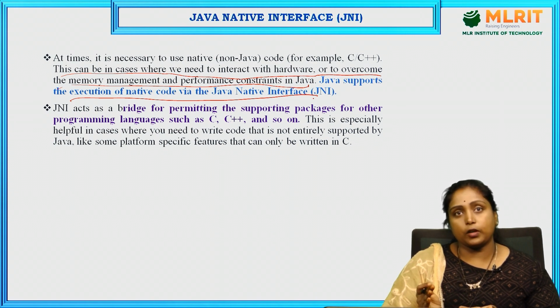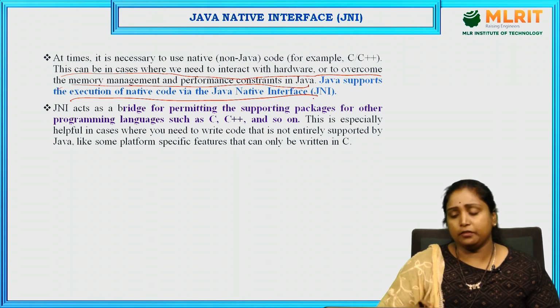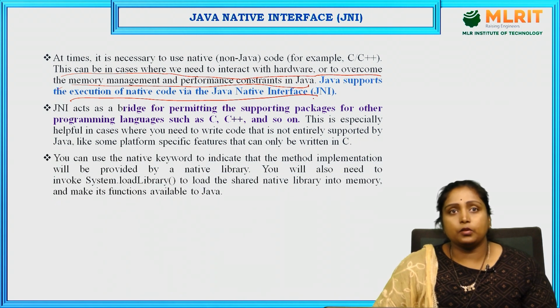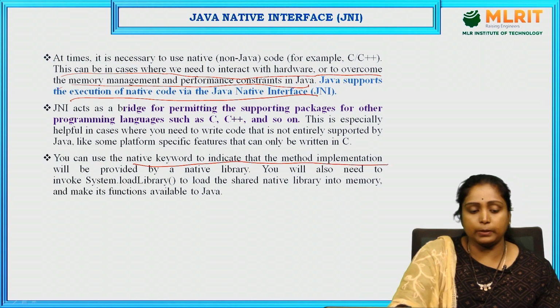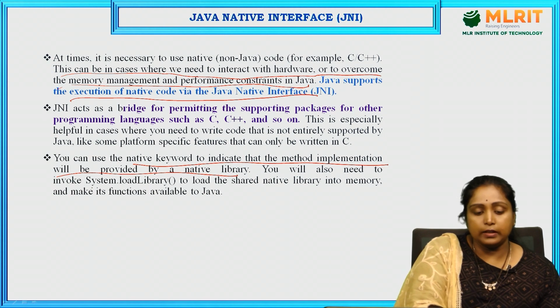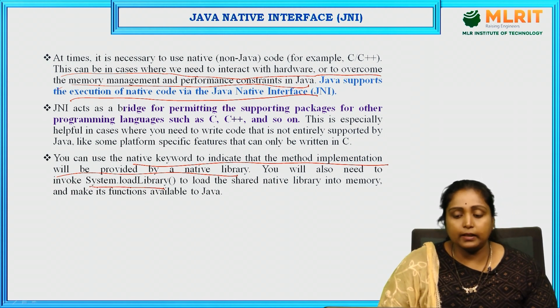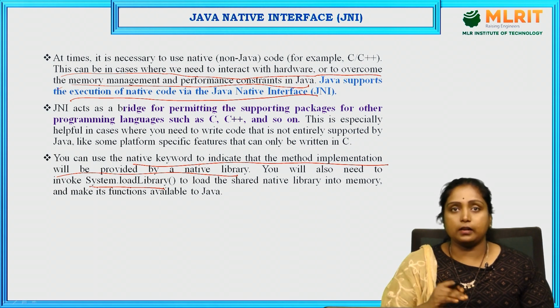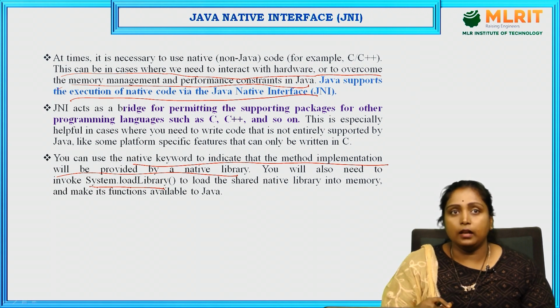Programs written in other languages can interact with the JVM using JNI. You can use the native keyword to indicate that the method implementation is provided by a native library. Here you have the method System.loadLibrary, which is used to load those libraries and get the bridge to the native interface.